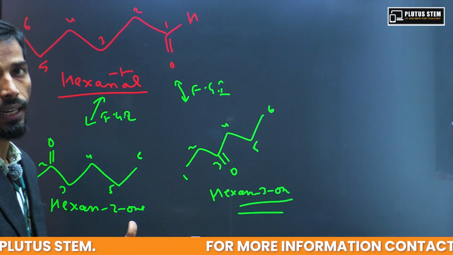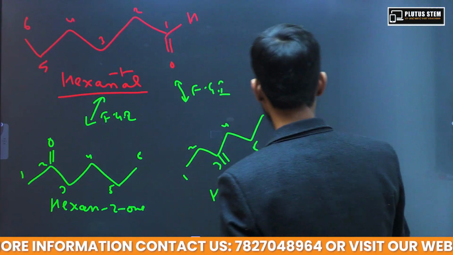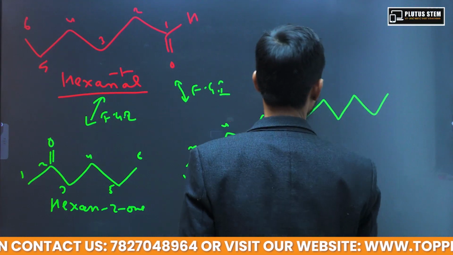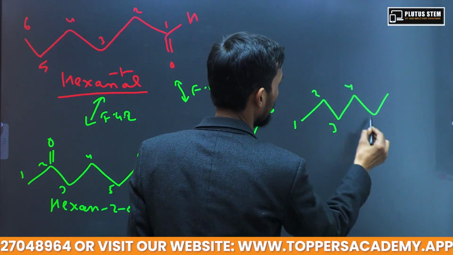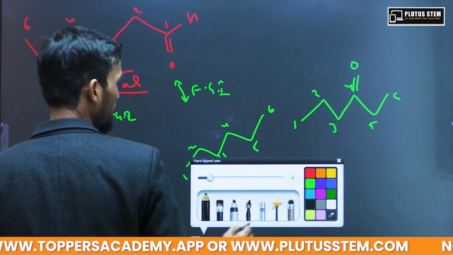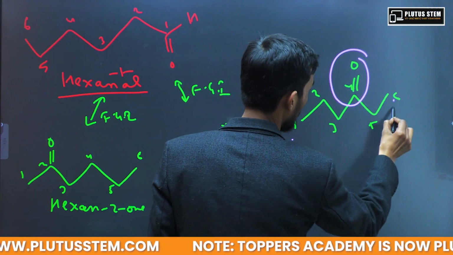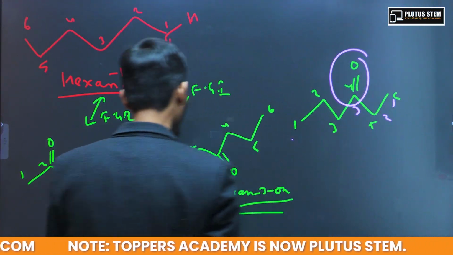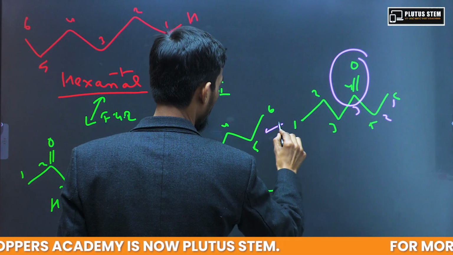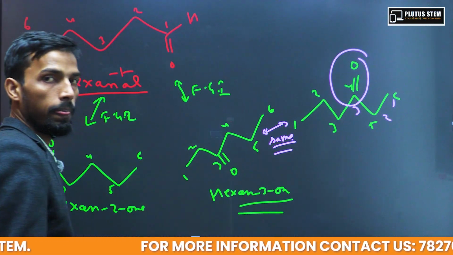So if you think over there, can we have a hexan-4-one? 1 2 3 4 5 6. If you draw this, then you are making a great mistake. It is not hexan-4-one, because the numbering will be from this side, 1 2 3. It is hexan-3-one. They both are the same. Clear or not?